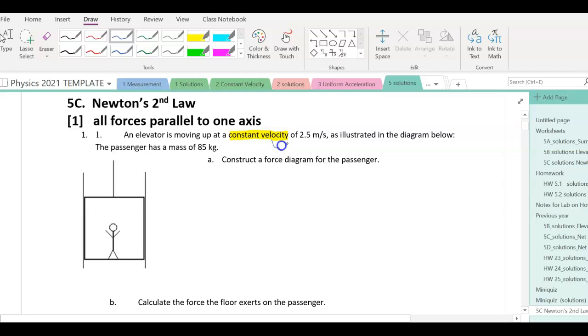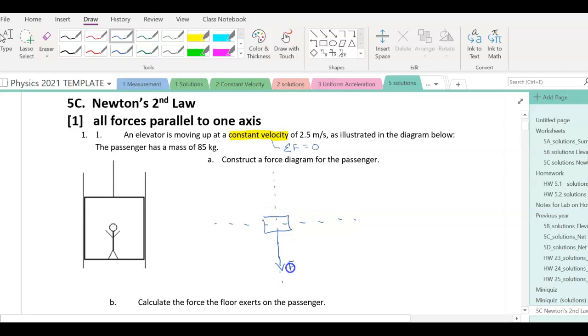And so of course we've learned from the balanced force model that the net force is going to be zero in this situation. If we look at the forces on this passenger, there are only a couple.